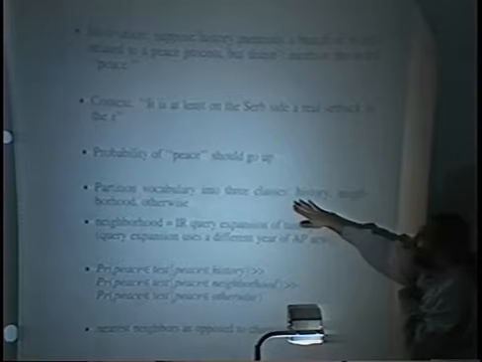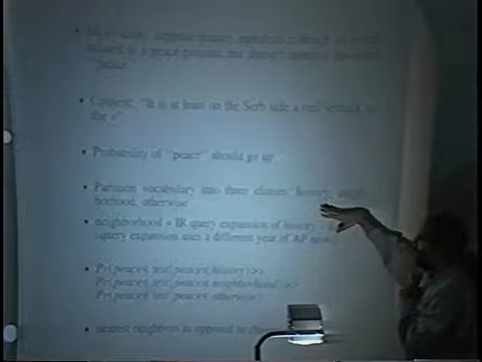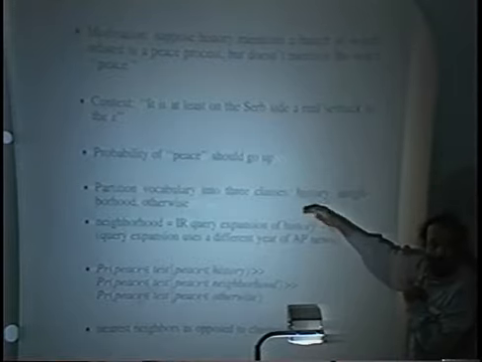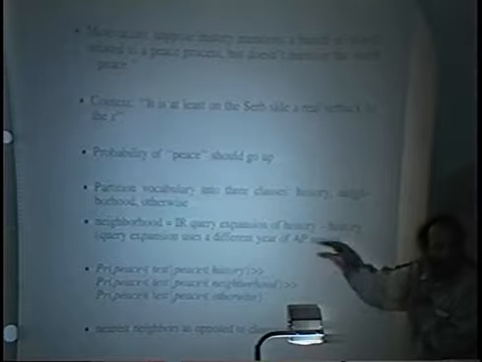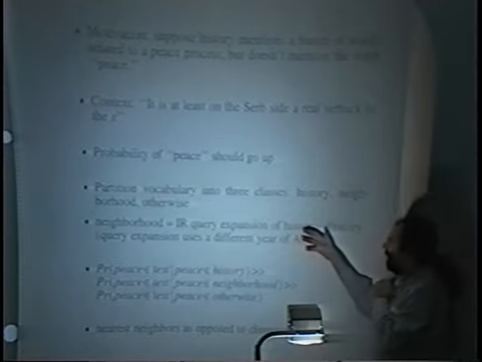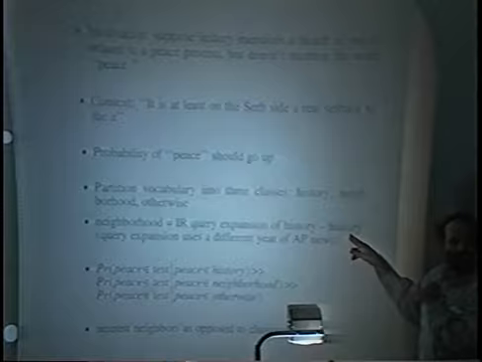So what I'm going to do now is partition the vocabulary into 3 classes. Before we just had 2. You're either in the history or you weren't. Now we've got you're in the history, you're near the history, or you're not. The neighborhood I'll define as, say, take the history, use it as an information retrieval query, find K documents in my library that are close to it in an IR sense, and then use the words from those documents, but subtract out the words that are in the history, right?